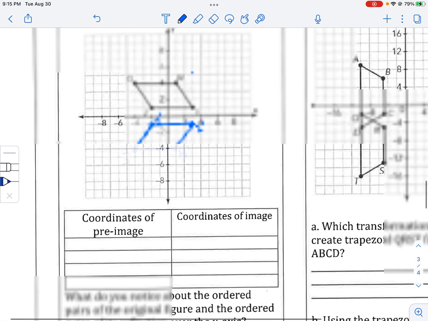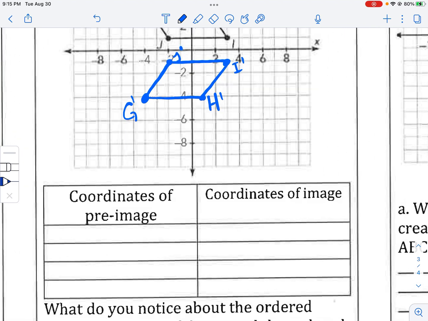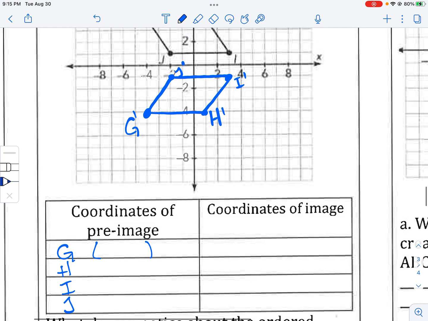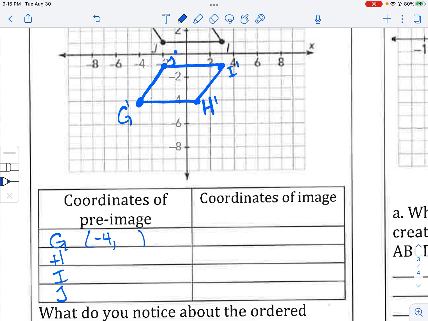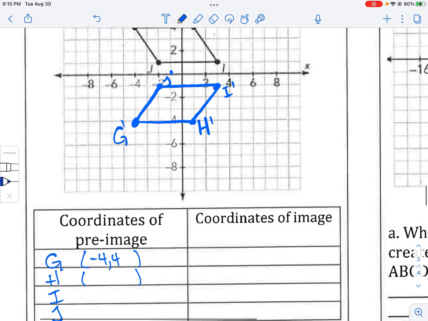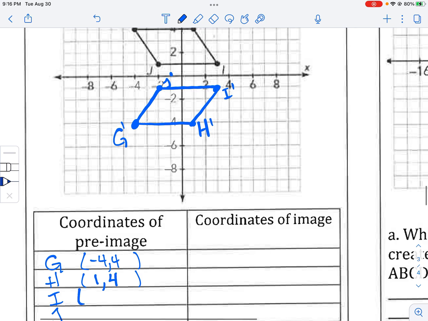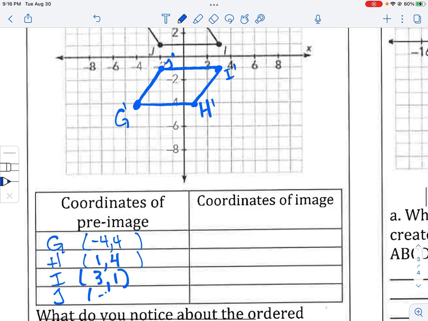Okay. So the coordinates of the pre-image, G, H, I, J. G was -4, 4. H was 1, 4. I is 3, 1. And J is -2, 1.